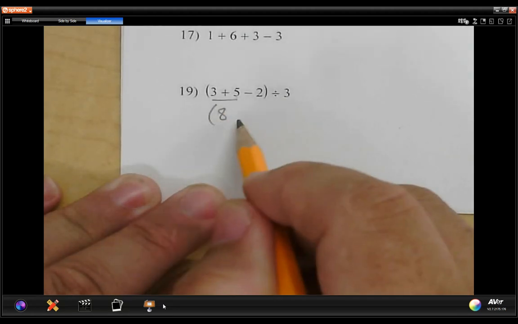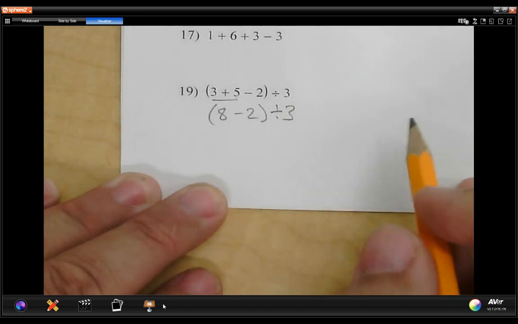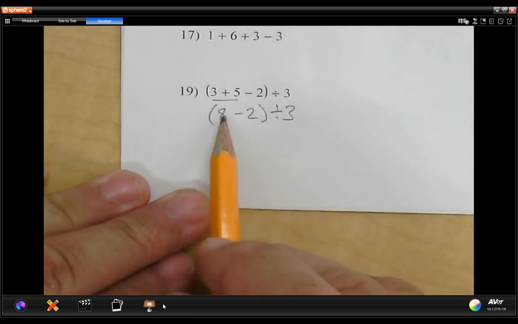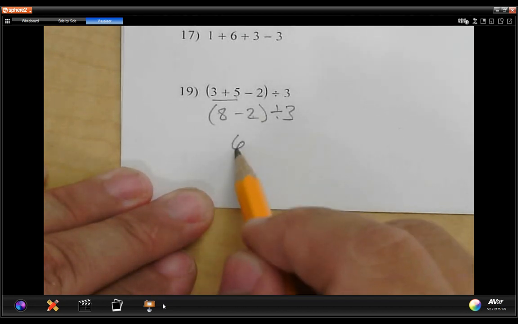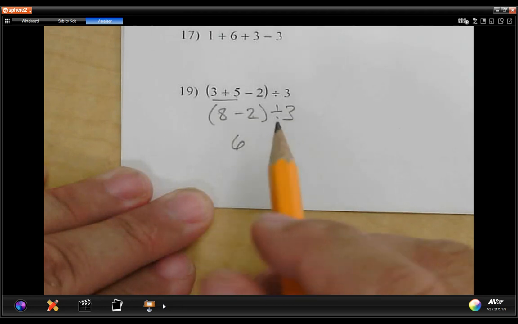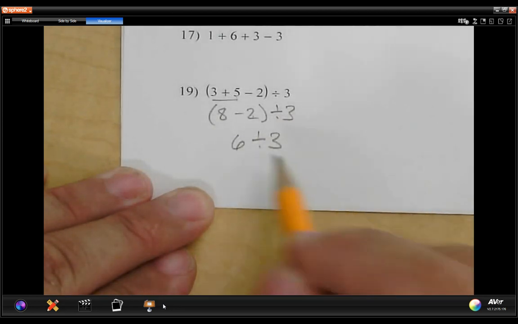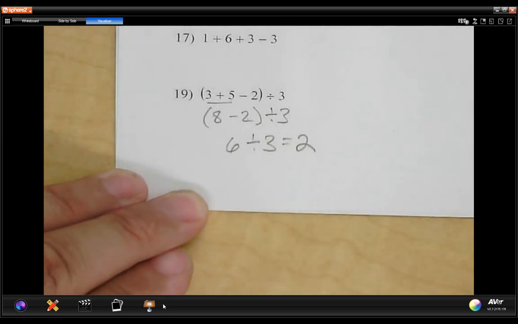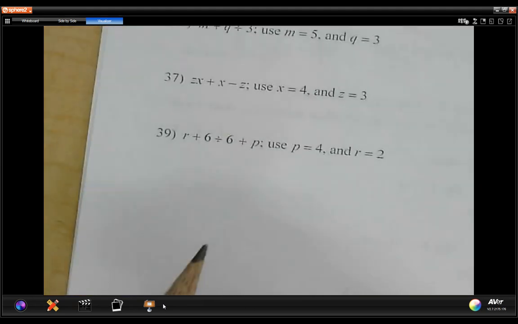I'm just going to carry my parentheses right down with me, keep my work flowing downhill, so to speak. And then I'm going to go ahead and do my parentheses again. 8 minus 2 would equal 6. Now I'm done with my parentheses because I've resolved them. So now I have 6 divided by 3 is the only thing I have left. And 6 divided by 3 equals 2. All right, so let's move to the second part of this sheet.